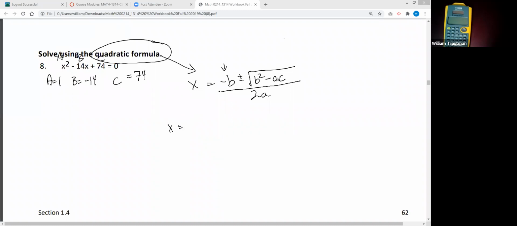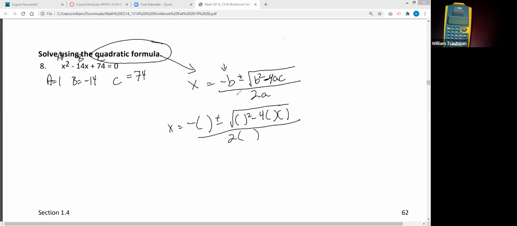Now look at the formula. -b, I put parentheses everywhere I see a letter. Square root of b squared minus, oh wait, there's a 4 here. I even wrote the formula down wrong. Minus 4ac, minus 4 times a times c, all divided by 2 times a.